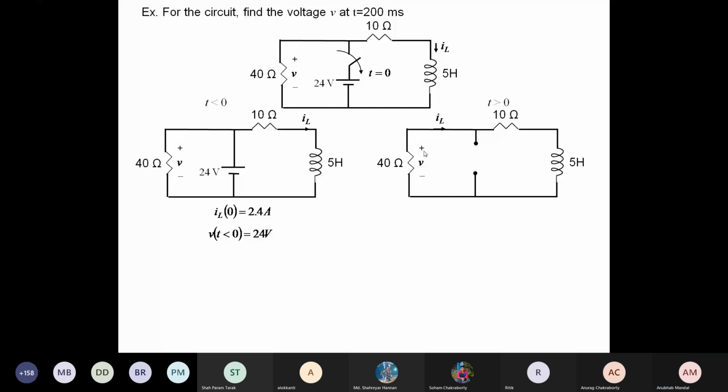Now the current IL was flowing earlier through the inductance, and this current again continues to flow through this at t greater than 0.